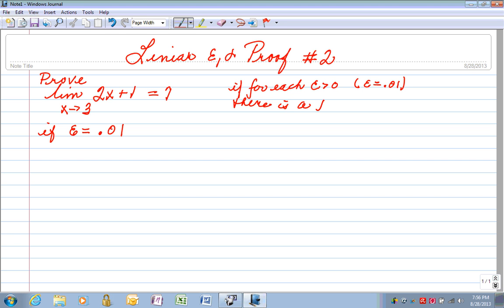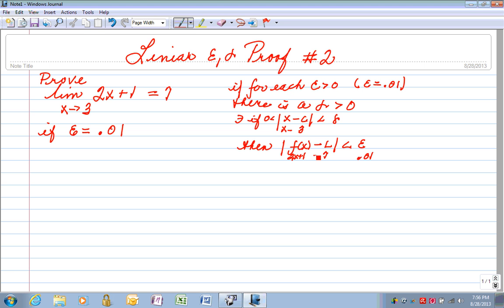I don't know what it is, but it's greater than 0, such that if we're in a deleted neighborhood of 0 less than absolute value of x minus c less than delta, well, our c in this case is going to be 3, then the absolute value of f of x minus L will be less than epsilon. So this will be 0.01. Our f of x is going to be 2x plus 1, and our L is going to be 7.